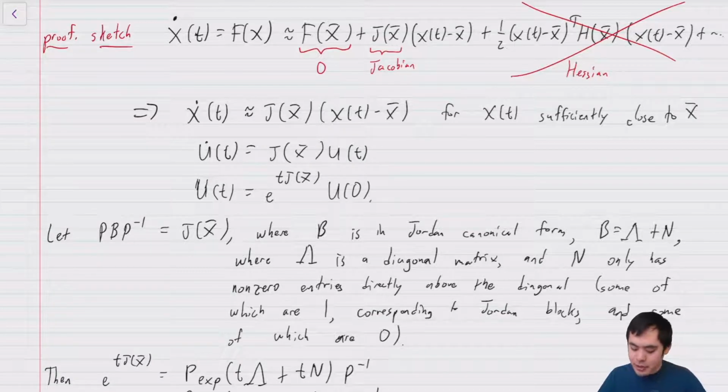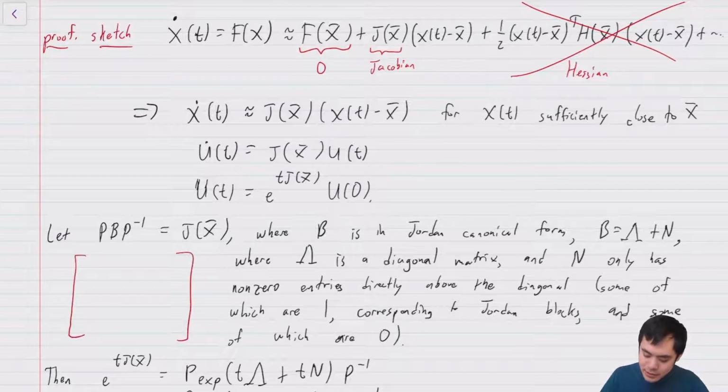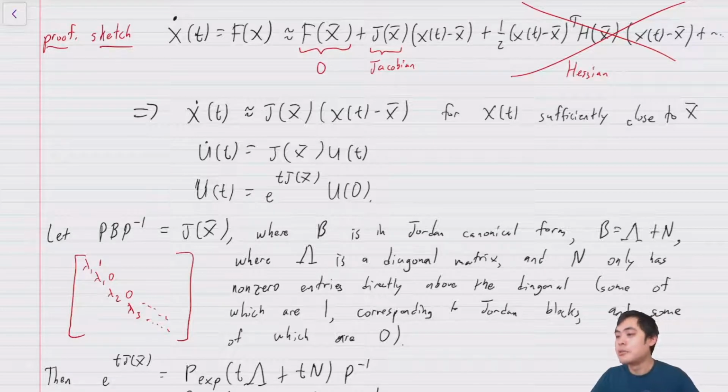So just to remind everyone, this is a form where you have some matrix like this, and you have your eigenvalues, so maybe lambda 1, lambda 2, lambda 3, and so on. And then sometimes you have either ones or zeros in the row above. So this is the Jordan canonical form of the matrix.